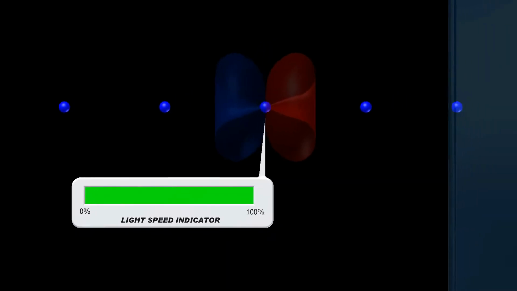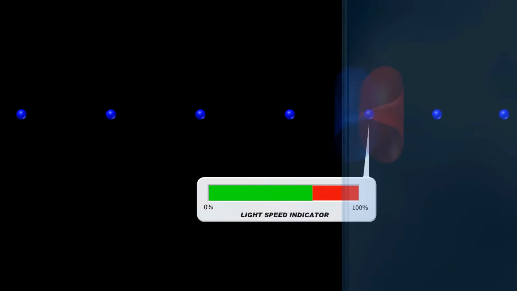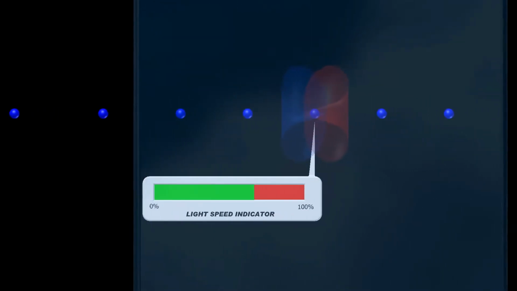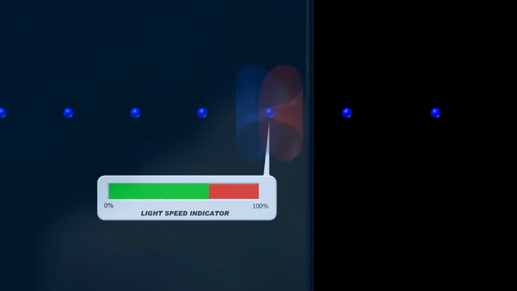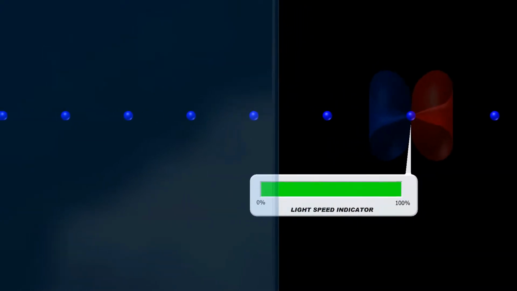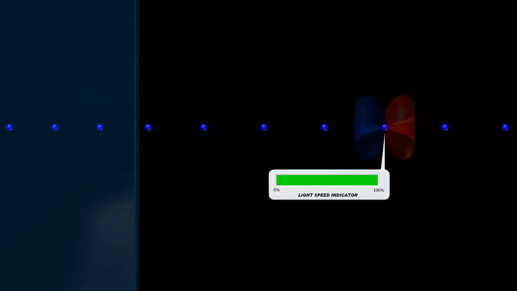Watch as the photon decelerates as it enters the glass. Then the photon accelerates back to full light speed as it exits the glass, and the other photons in the row also accelerate back to full light speed upon exiting the glass and re-establish their normal spacing.